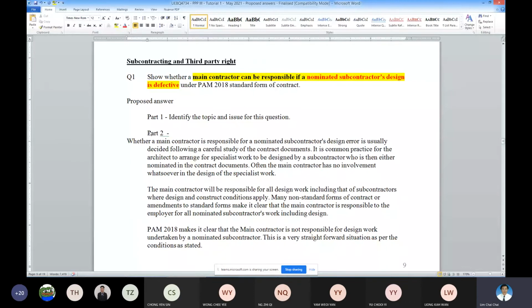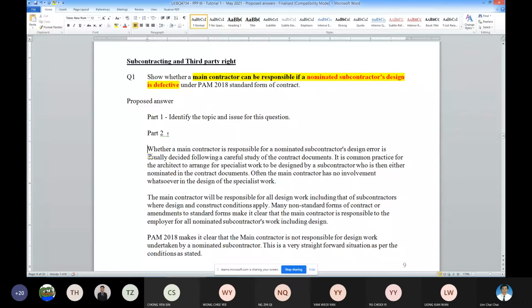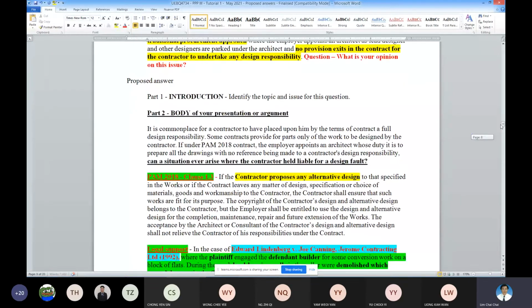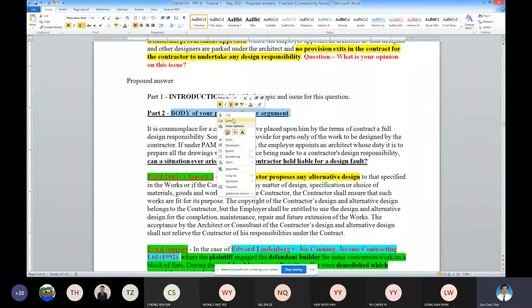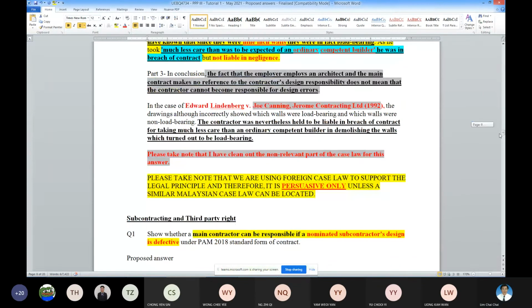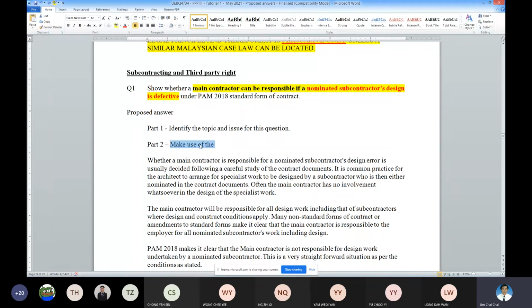You make use of the same approach I'm using here, the body of your presentation or argument. Because the body of your presentation or argument, that is part two.